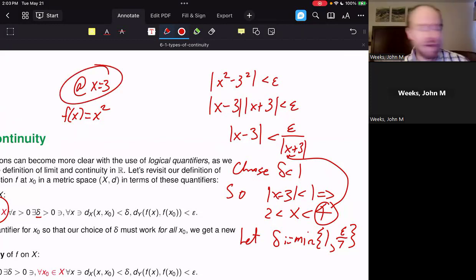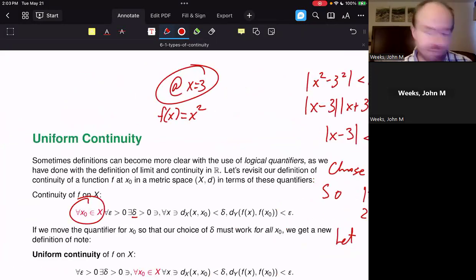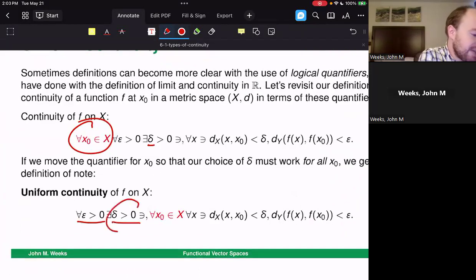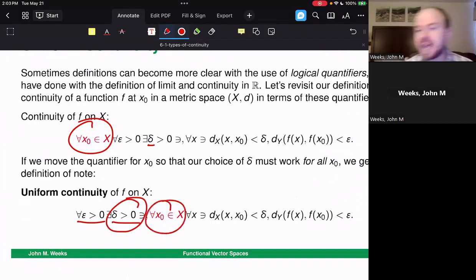If x was equal to 5, this value would have to be different. Because of that, we would have to make an argument that says for all epsilon, there exists a delta. Our choice of delta has to happen here. Notice that we do not get to choose the x naught until after the delta is chosen.